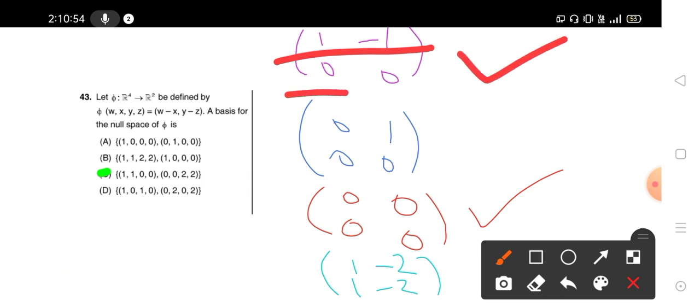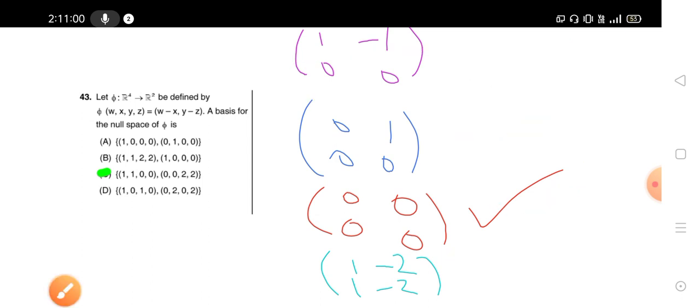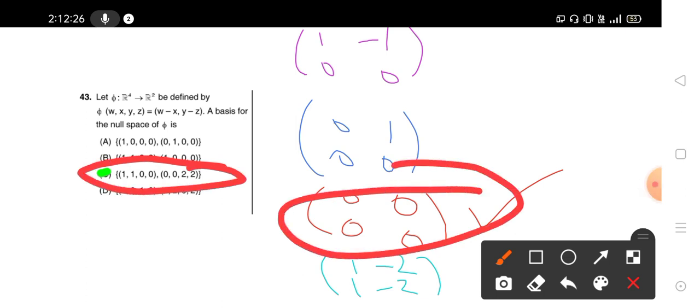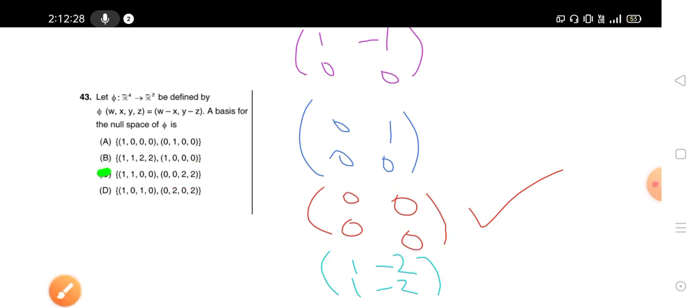Next, we check the other options. In option C we get (0, 0). This is the nullity, the null space of phi. Therefore answer C is correct.